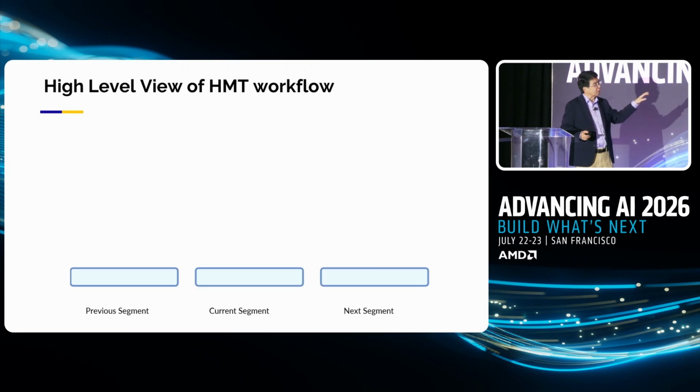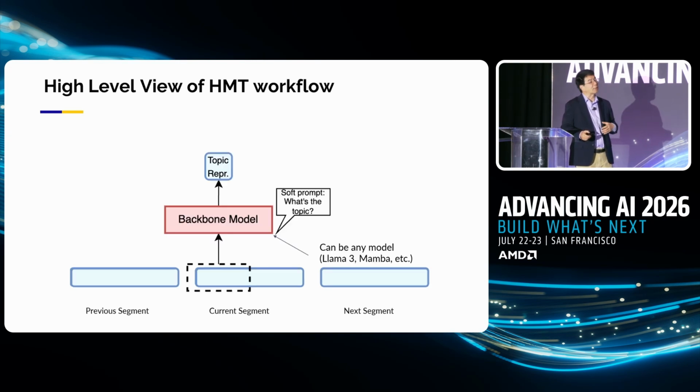So you can see information coming in from the right to the left, and the middle one is the current segment, which is what we want to decode. This approach can work with any backbone model, such as a DeepSeek model, or a frontier model if we have access to it. You first go through the model asking, what's the topic?